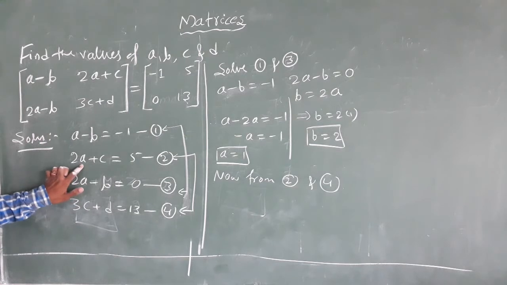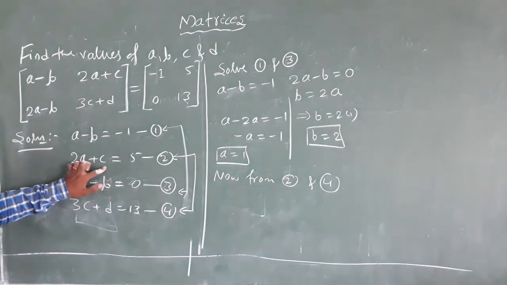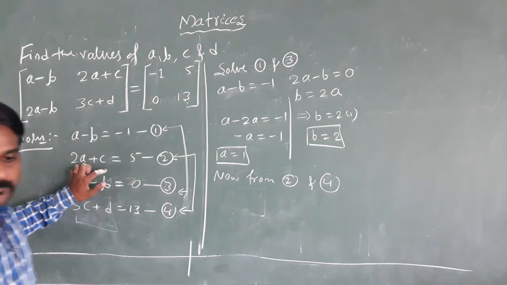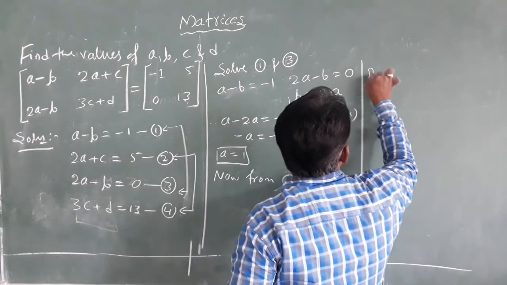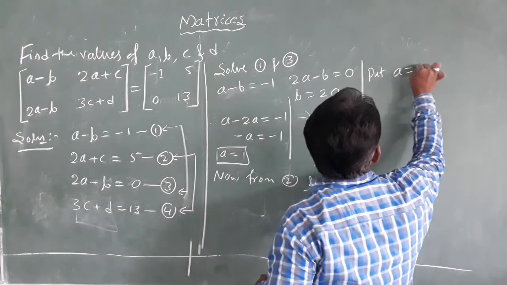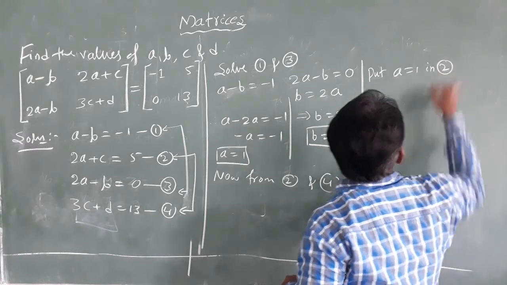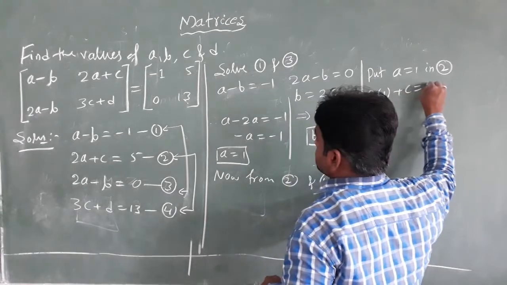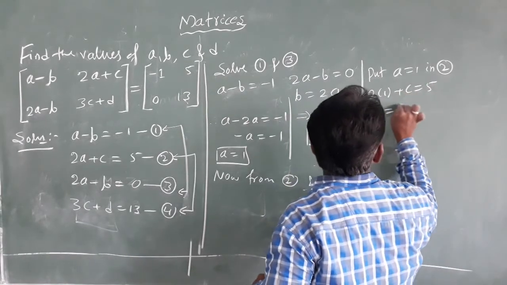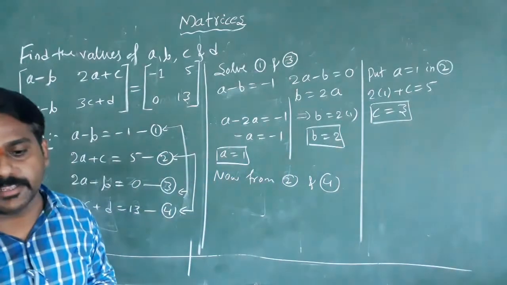So if you fill A equal to the obtained value 1, you will get the C value. Put A equal to 1 in which one? Second. So what will we get here? 2 into 1 plus C equal to 5. C equal to 3.